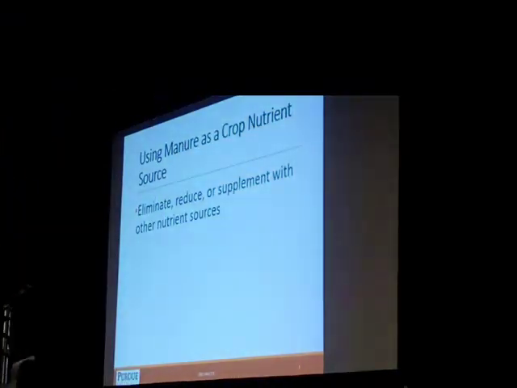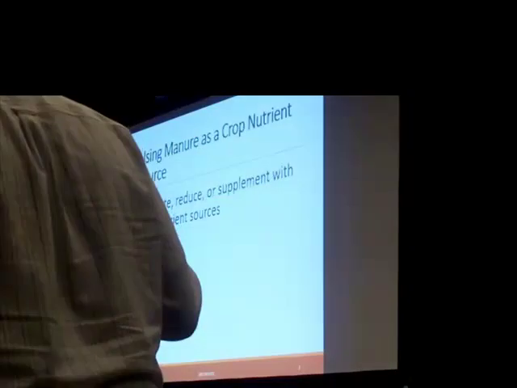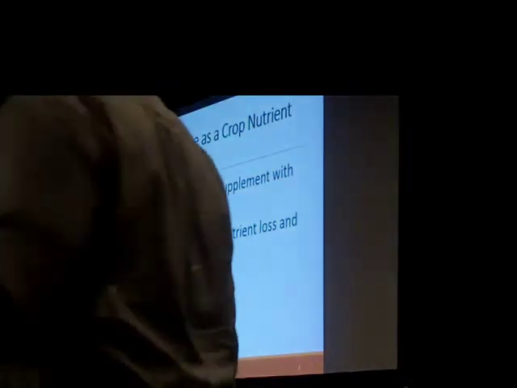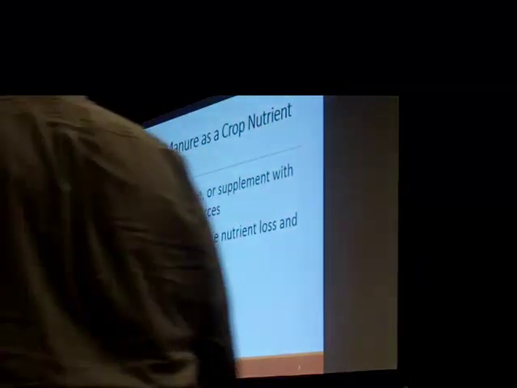rate. We need to reduce or supplement with other nutrients as well, and primarily we're going to be supplementing with nitrogen and eliminating the commercial applications of P and K and micronutrients. And then there's a big advantage to incorporating nutrients, and I know this is a conservation tillage conference, but injecting into the soil and some incorporation has always been one way to reduce nutrient loss and the odor and fly issues that come along with some manures.